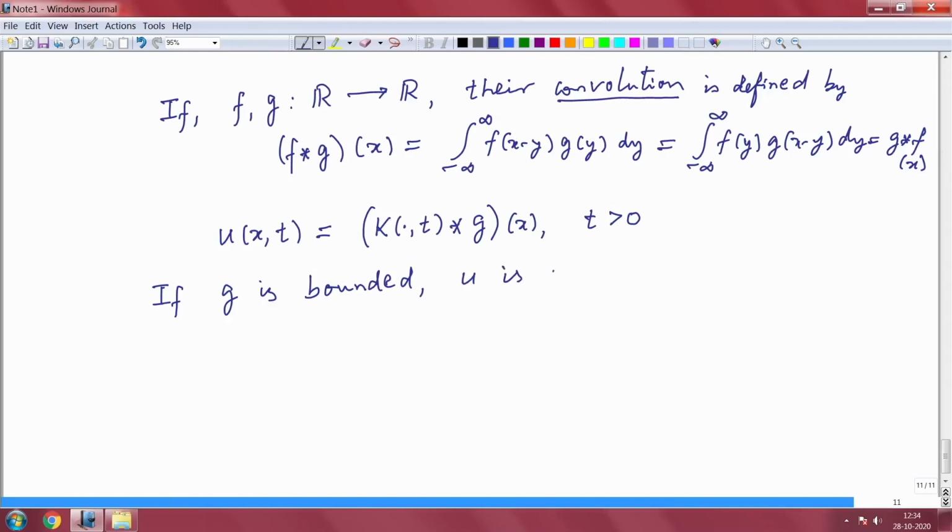So, there is no problem at all. So, the integral exists for all t positive. Okay. And now, we try to show that u is indeed a solution of the heat equation. We cannot claim uniqueness. So, we just say, so let me state this as a theorem.